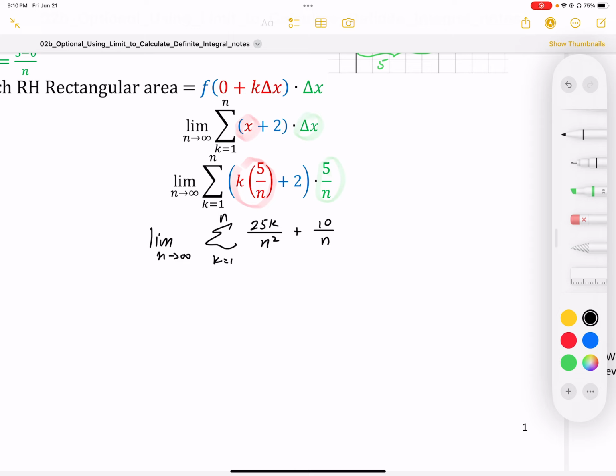So I'm going to split this up. So I get the limit as n approaches infinity, and I'm going to take the 25 over n squared out.